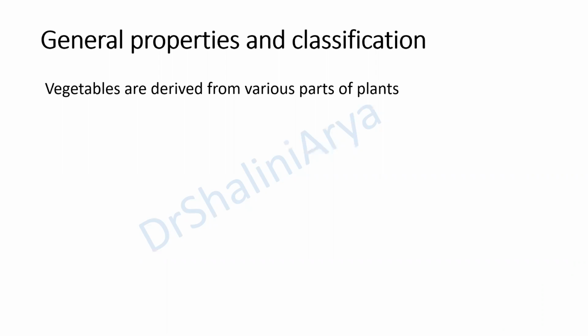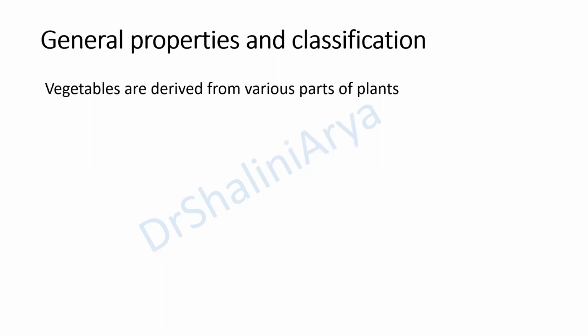So when you look at fruits and vegetables, there are certain general properties, and based on their general properties, they have been classified. Vegetables, we know, are derived from various parts of the plants.